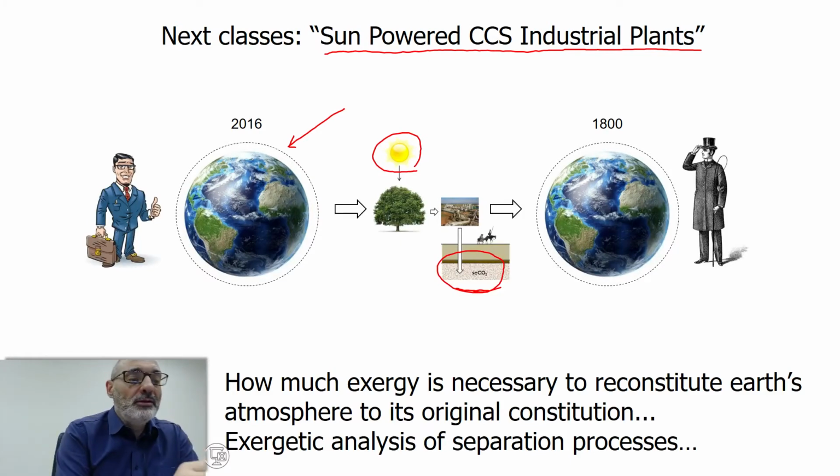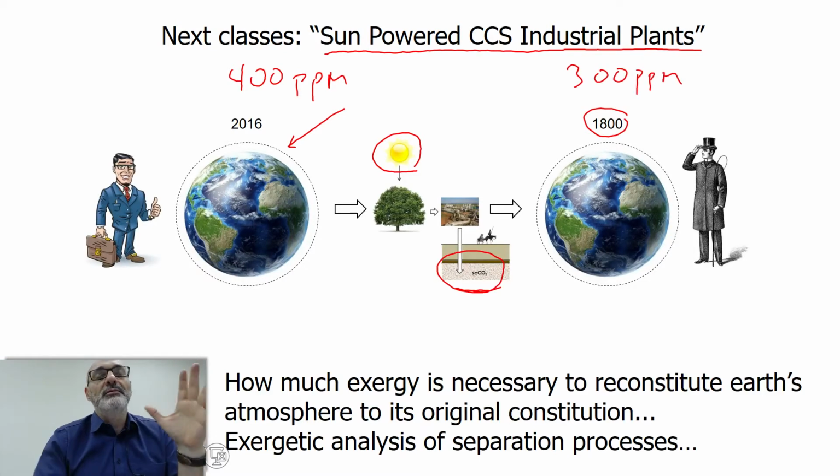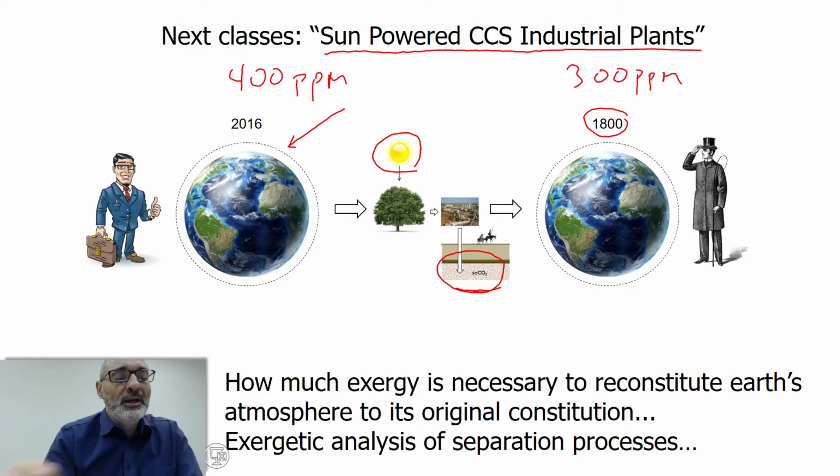Today the concentration of CO2 is around 400 ppm, and the concentration of CO2 in the 1800s was around 300 ppm, just nice round numbers like this.